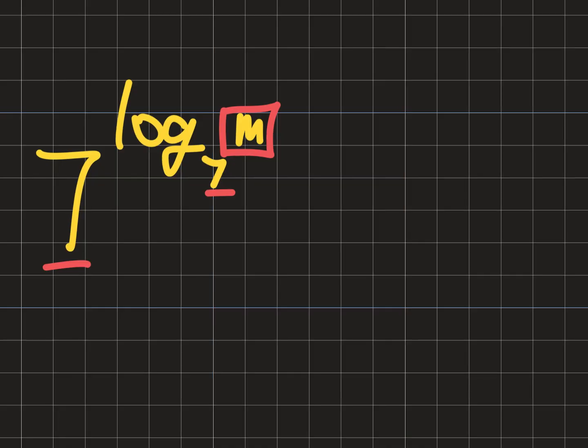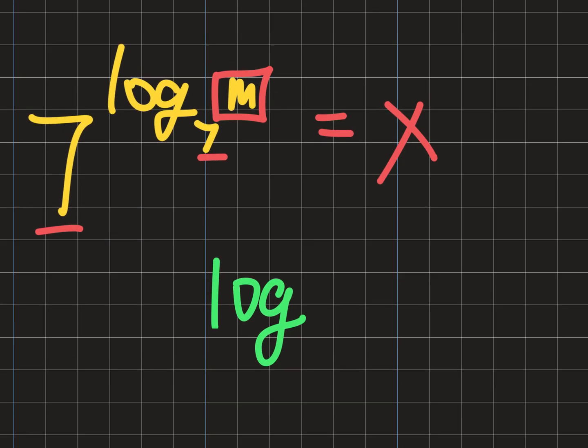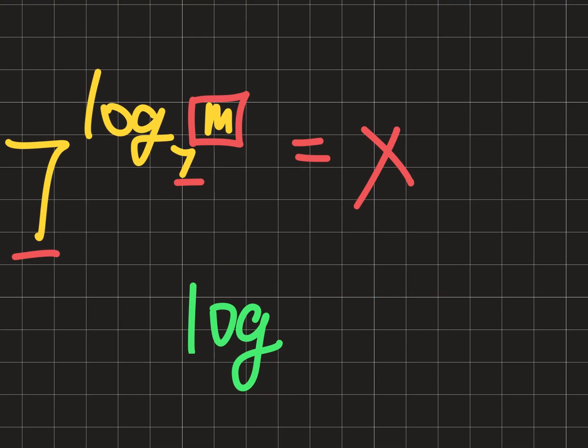If I don't know what this equals, I can say it equals x. And then I can say, technically, this is a log that's in a power. It's not a log that starts with log. It doesn't start with a log. It just happens to have a log in it. So if I was going to write it as a log, it would be log base 7, because you start here.